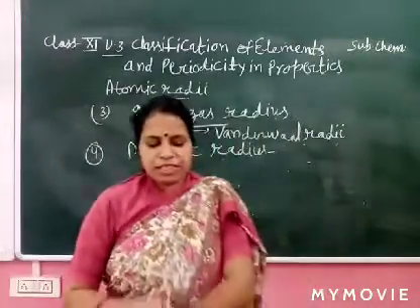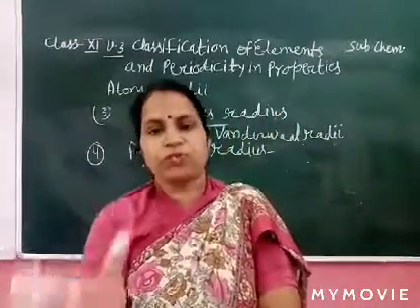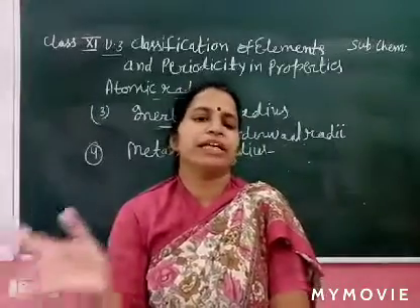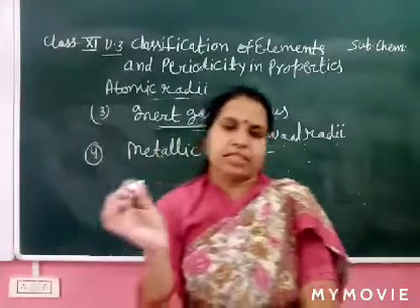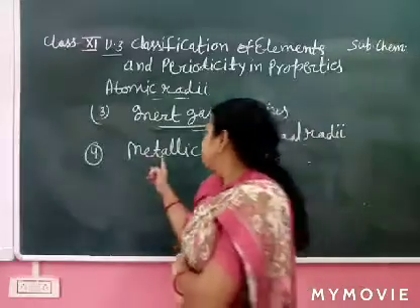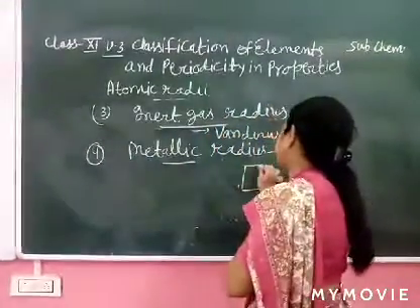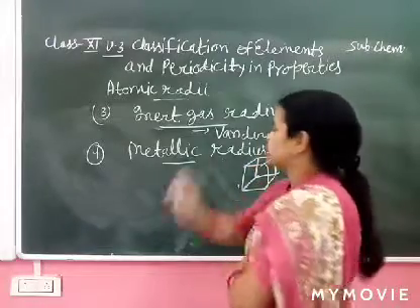It is defined as one half of the internuclear distance between two adjacent metal ions in the metallic lattice. It is called the metallic radius. In an NaCl crystal, this is called the metallic lattice.